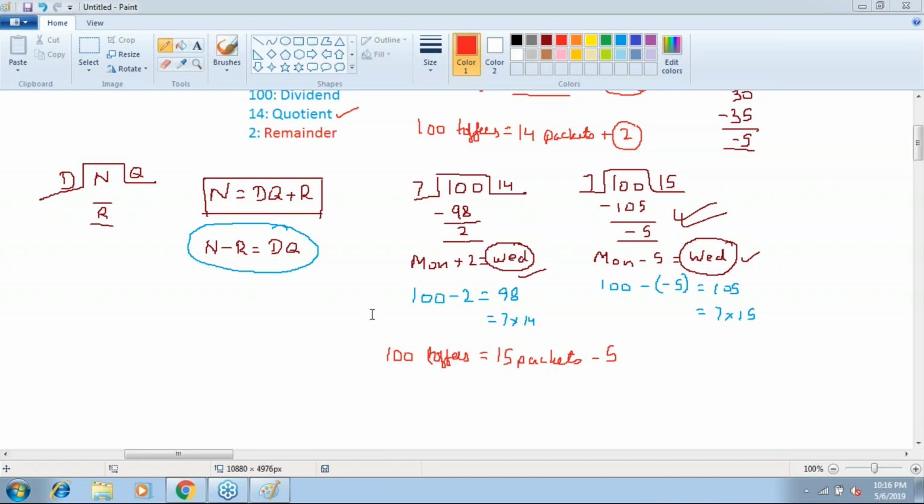He will take various examples in which he will tell you how to quickly find the remainder when impossible looking numbers are divided by numbers, like what if 25 to the power 25 is divided by 7, what will be the remainder, or what if 7 to the power 7 to the power 7 is divided by 25, what is the remainder.